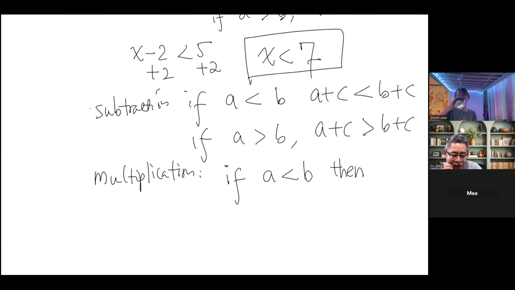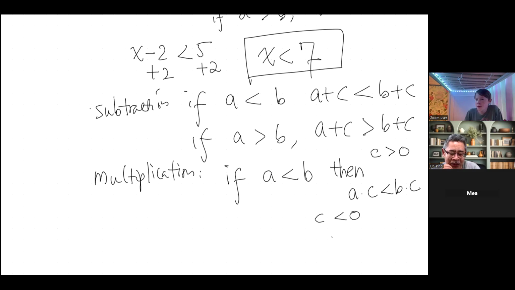If C is positive, then A times C is less than B times C. And if C is negative, that's where we have to flip it. A times C has to become greater than B times C.